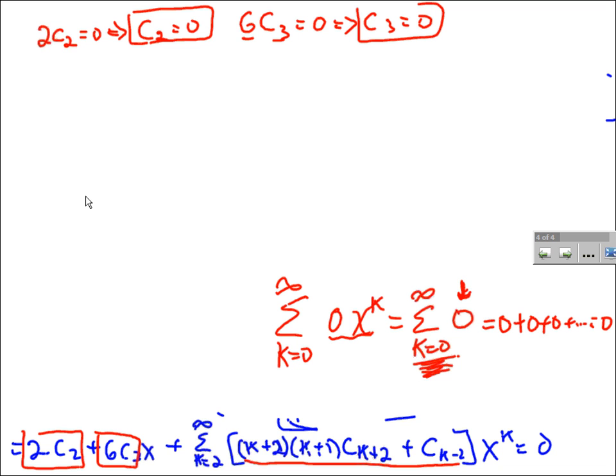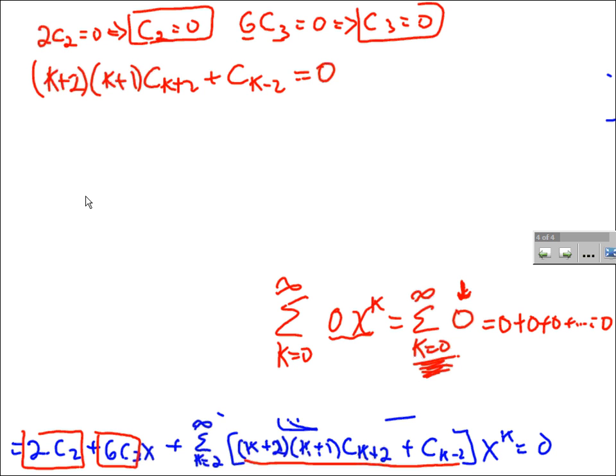And we also want k plus 2 times k plus 1 times c sub k plus 2 plus c sub k minus 2. We want this to equal 0.